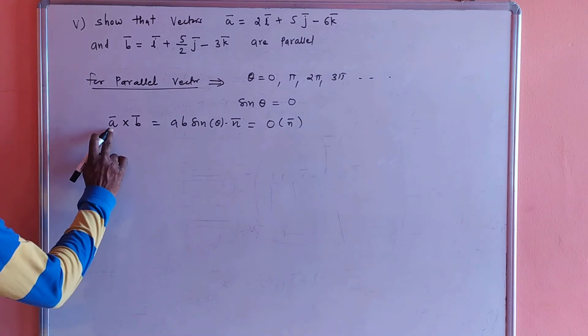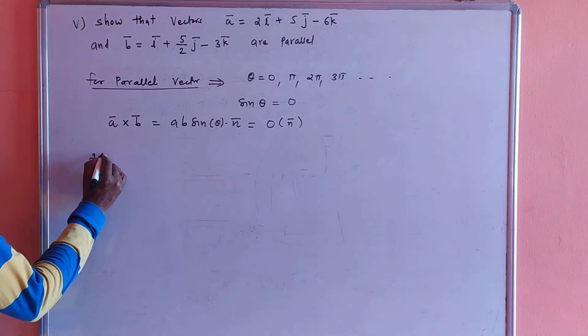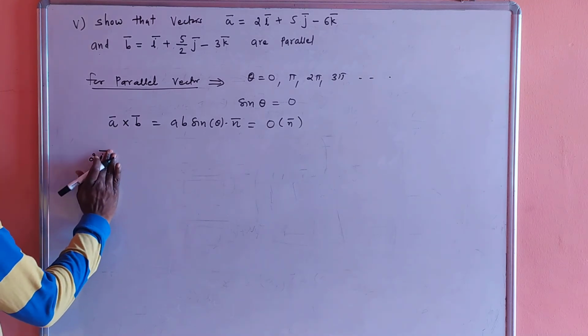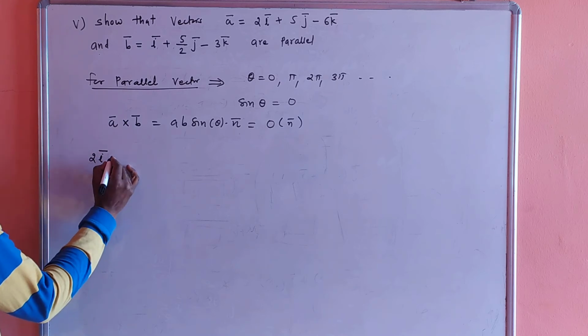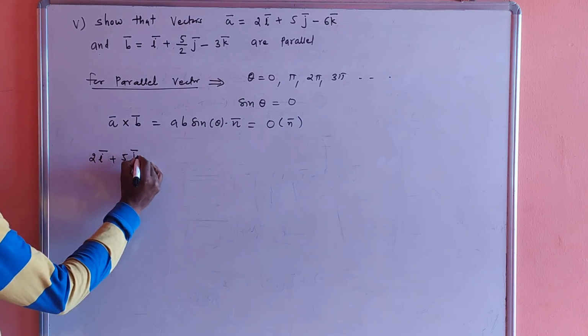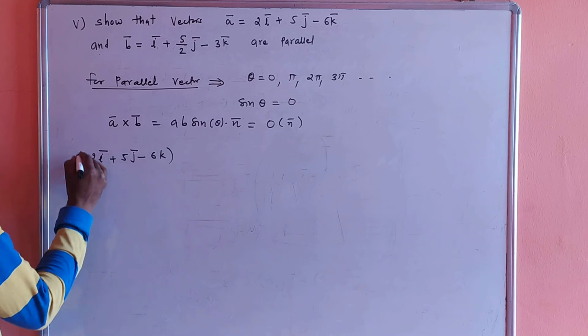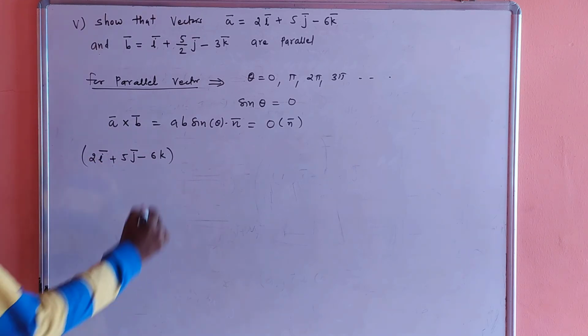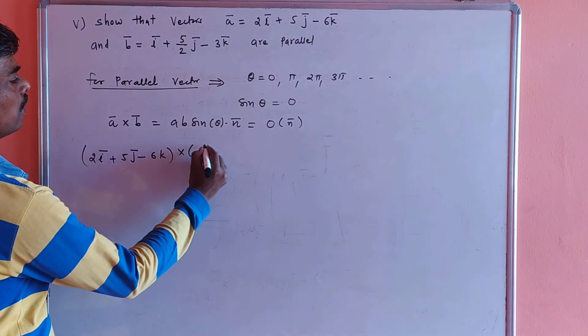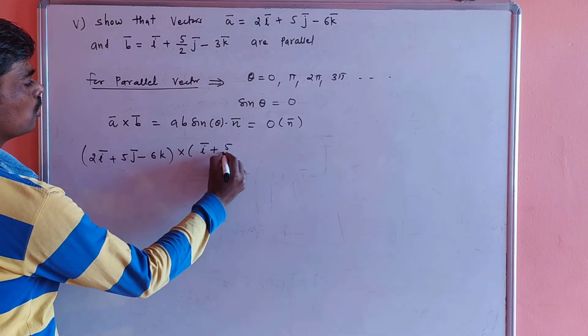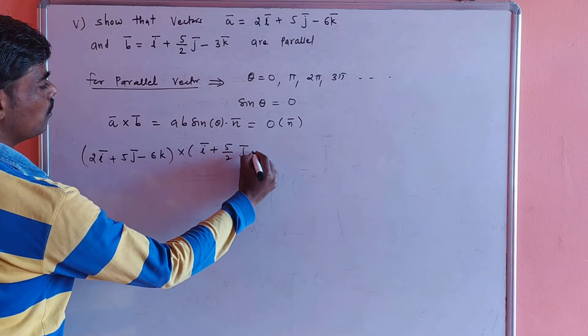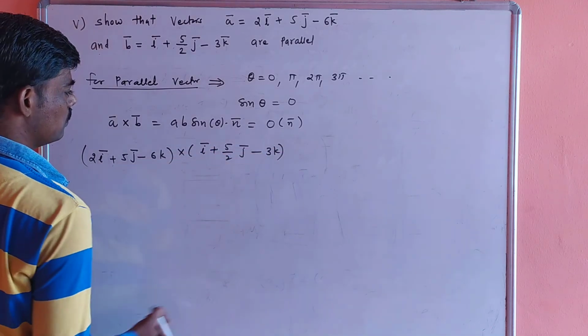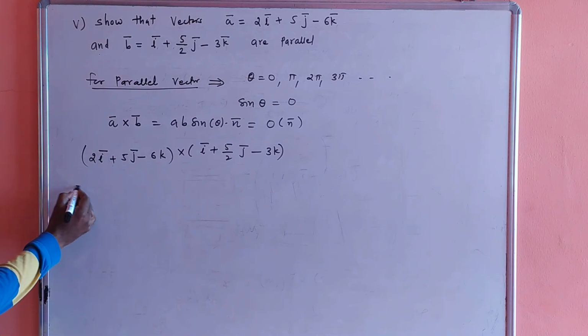So simply take the cross product of these two vectors and find out whether the answer is 0 or not. So vector A is 2i plus 5j minus 6k in the first bracket. Then in the second bracket, i plus 5 by 2 j minus 3k. So we have to find this answer.